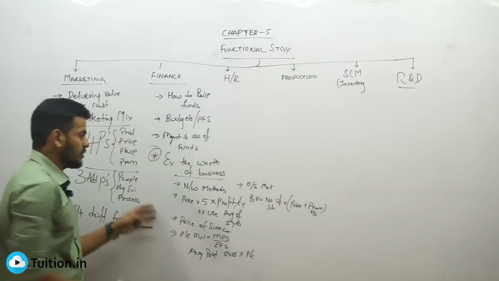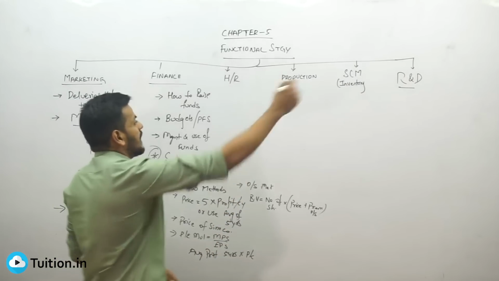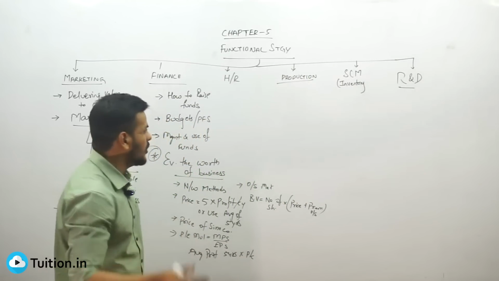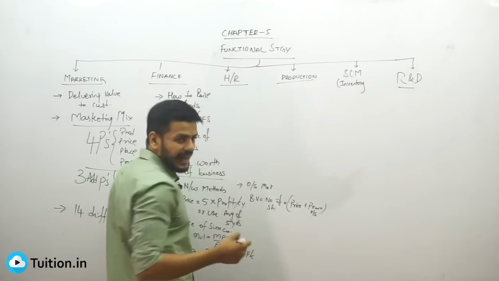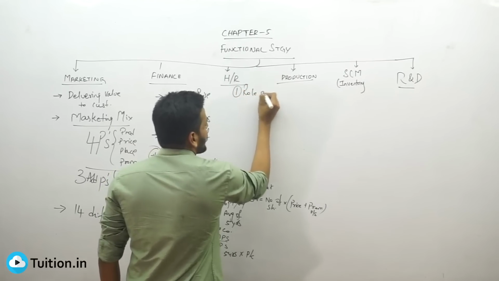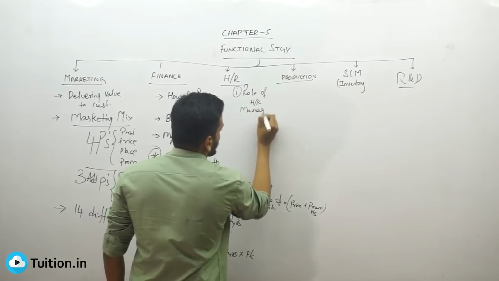A very important 4 marks question from this chapter that has come so many times. Then production strategy is a very simple one. There are only 2 points on what the production system should be and how it is to be operated. HR strategy has a very important question: what is the role of an HR manager? There are 7 points.